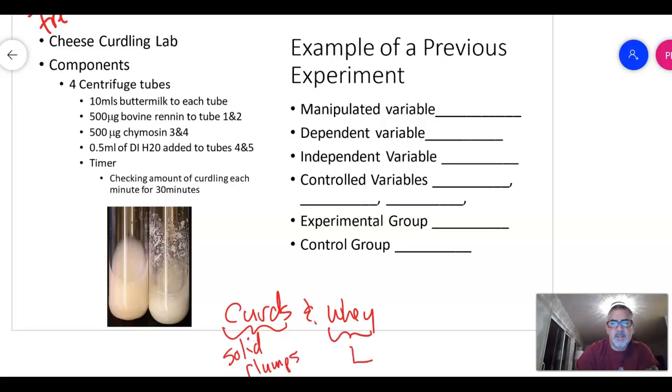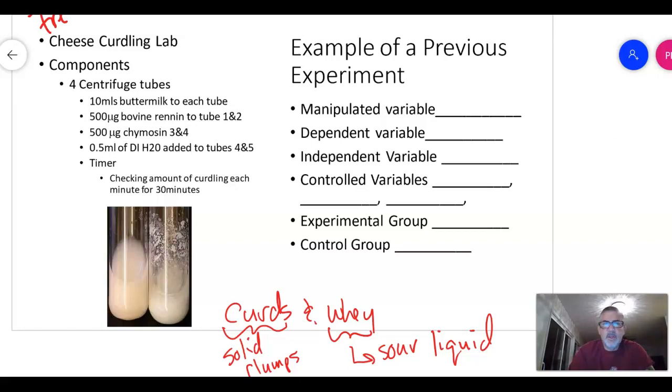Milk will curdle on its own based on lactobacillus, a bacteria in it, but it takes a long time.